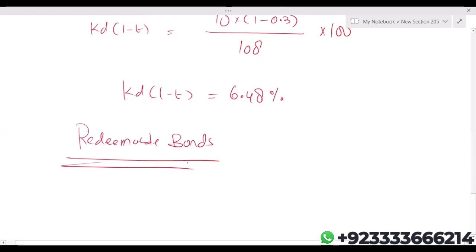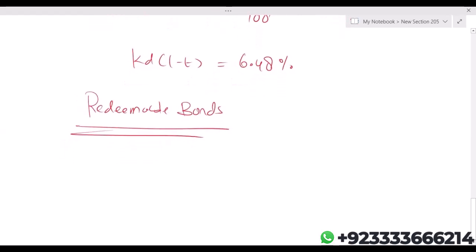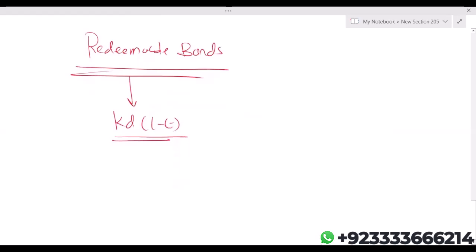In case of redeemable bonds, the first priority of calculating KD1 minus T is the YTM approach.